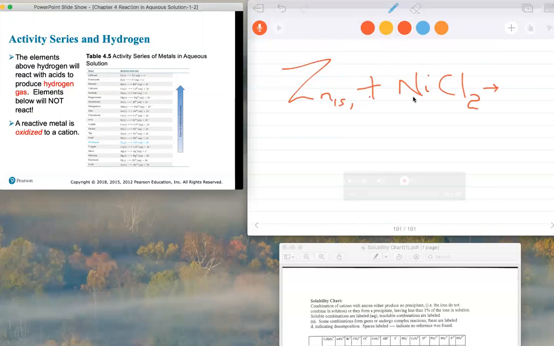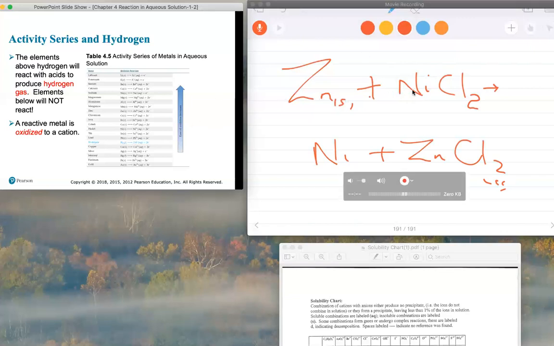All right. So here, nickel plus zinc, what? Zinc chloride. This is aqueous. And then you balance the equation. So that's why you use the activity series.